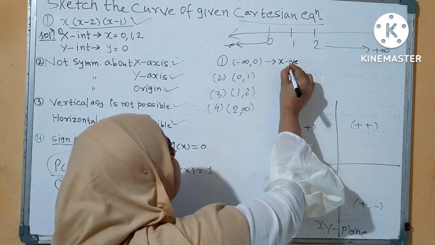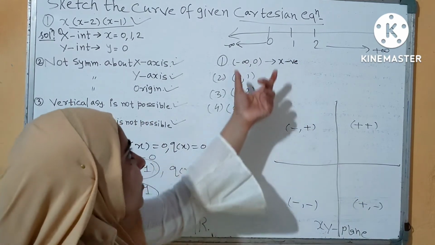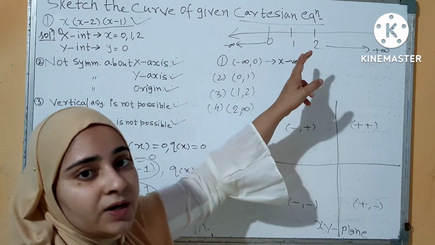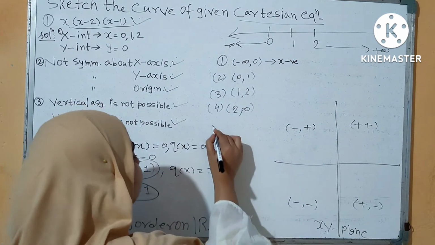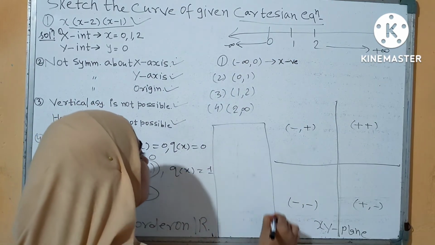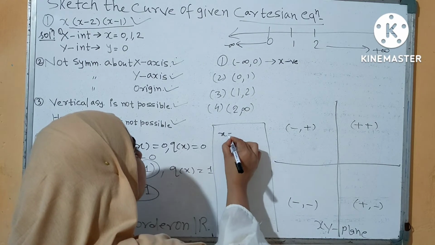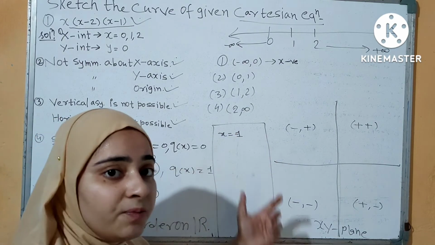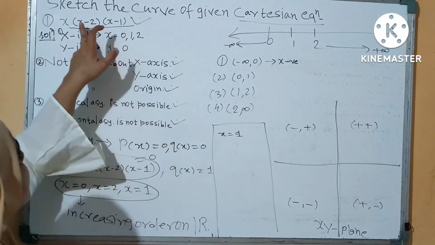Here your x is negative, so take any value from minus infinity to 0. Consider x = −1 and put it in this equation.